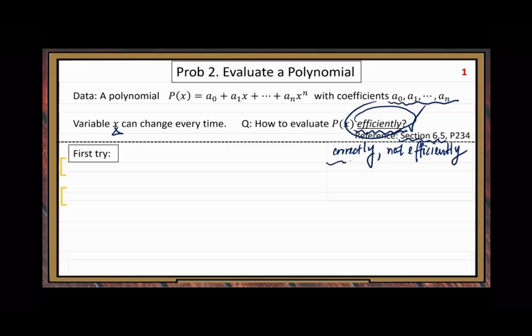First round, find a correct solution. Second round, find an efficient solution. All right.